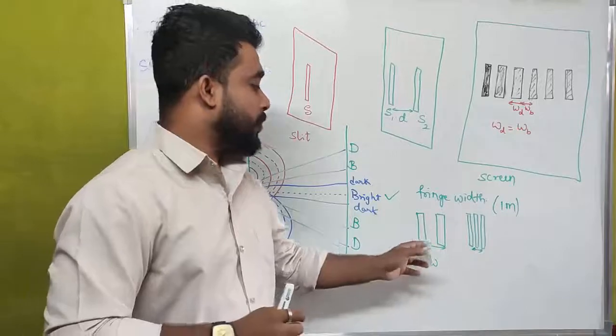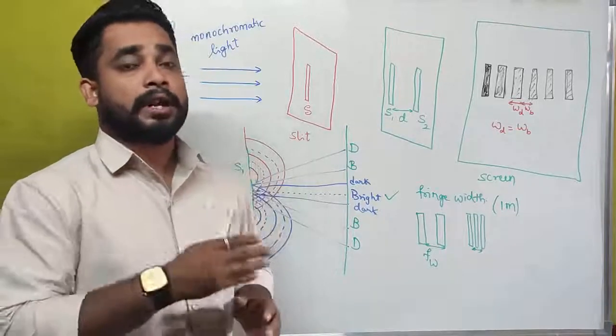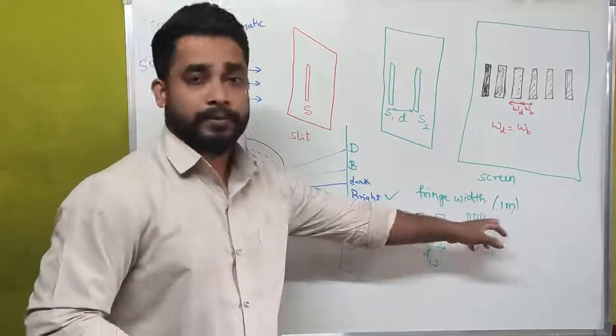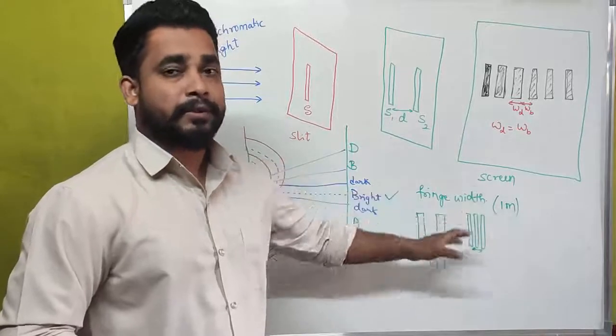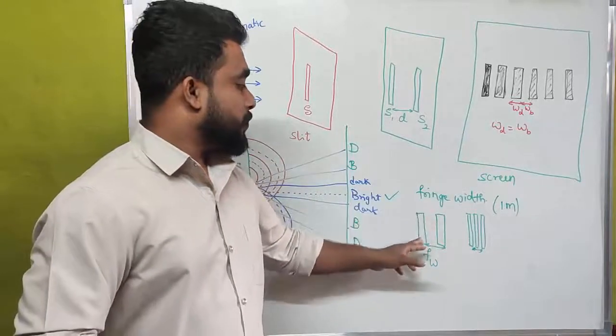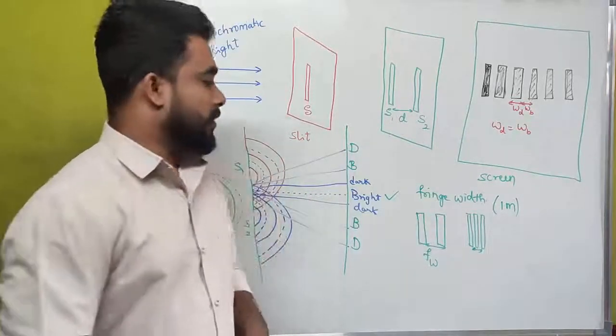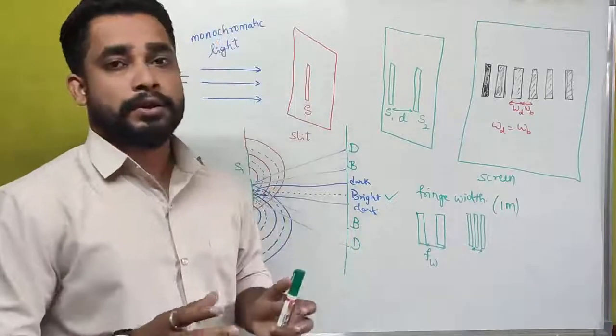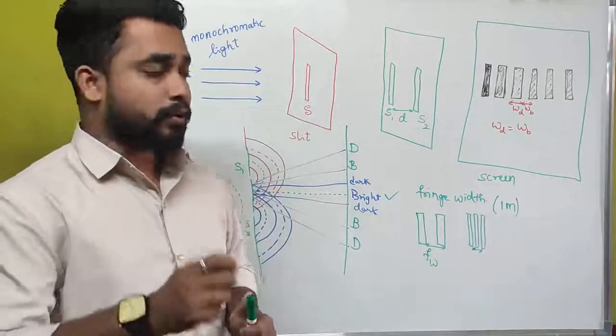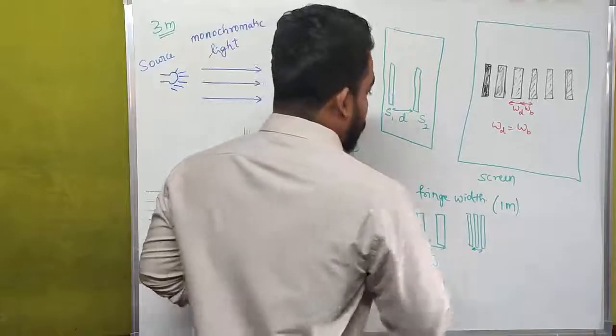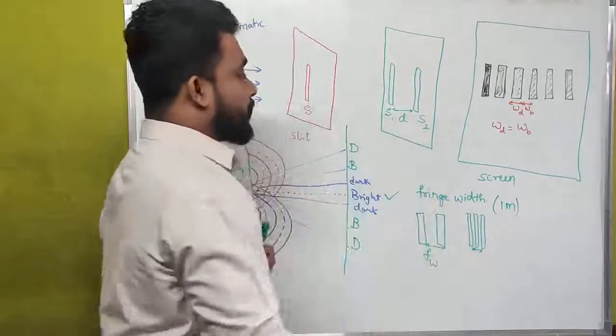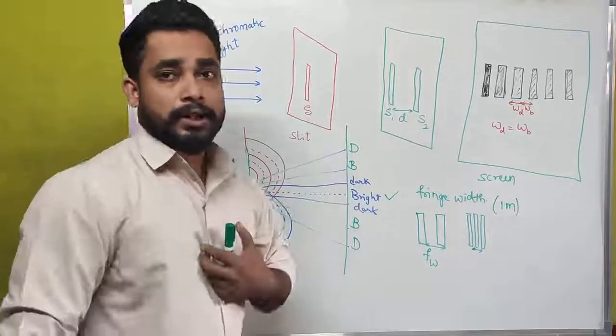That is why we assume dark fringes for the concept of fringe width. This is all about fringe width and Young's double slit experiment.